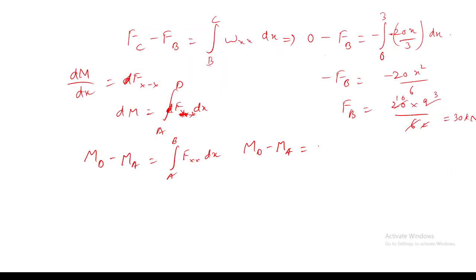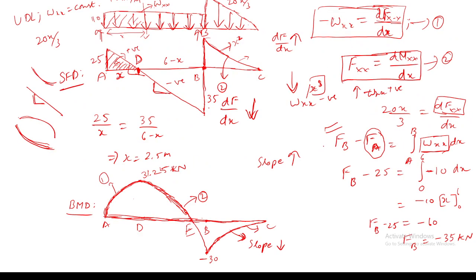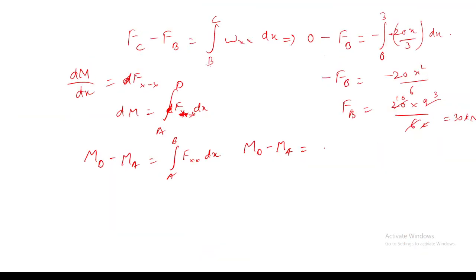So the area is half into 2.5 into 25, with a positive sign, and this turns out to be 31.25. And MA is actually 0, so MD equals 31.25.